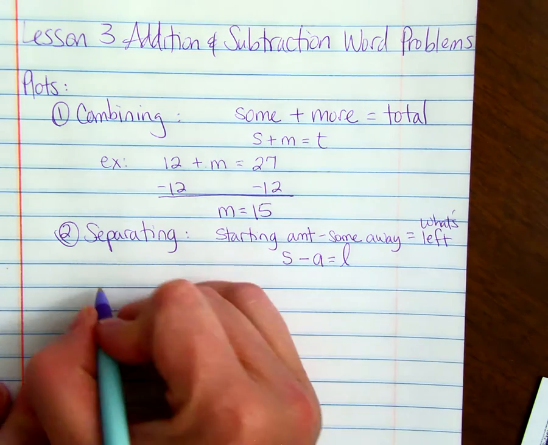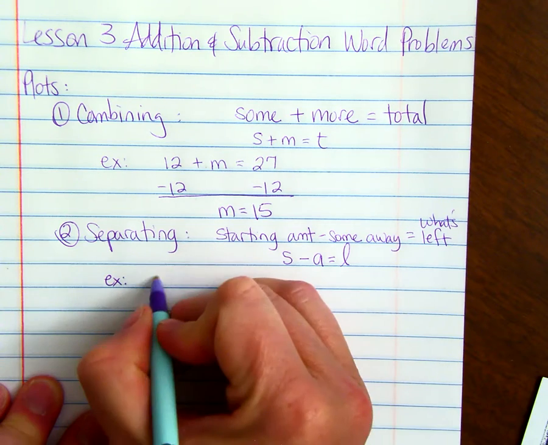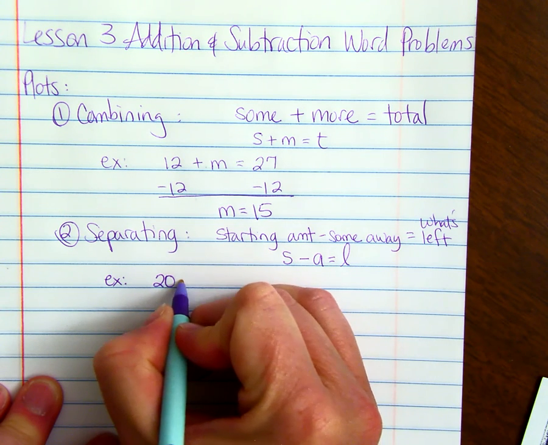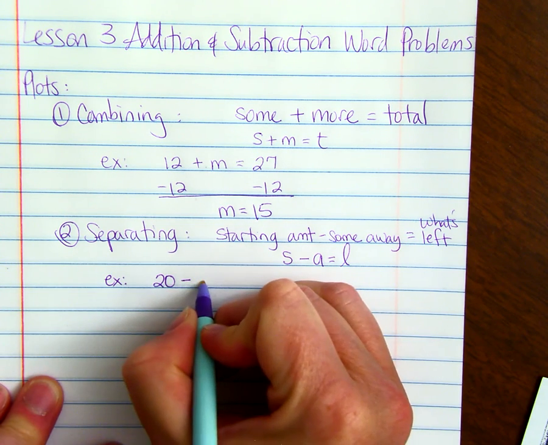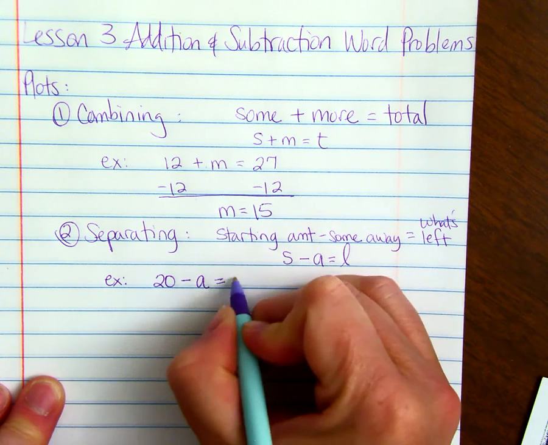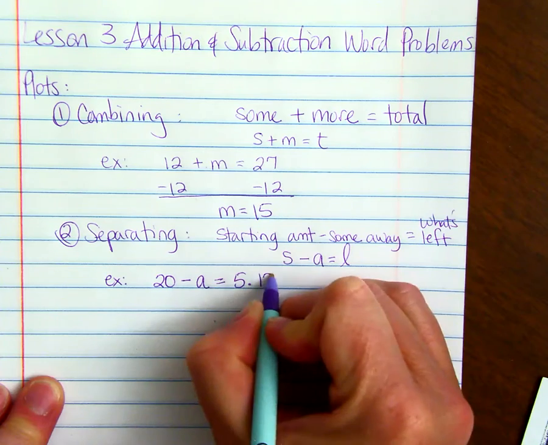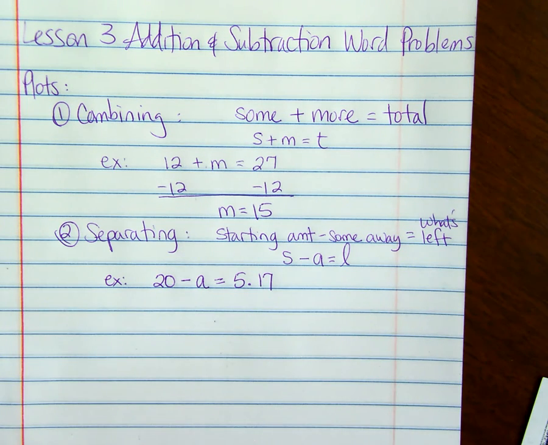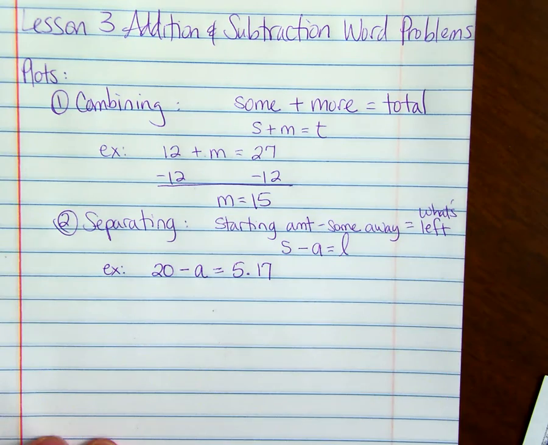For example, if I go to the store with $20 and I buy some cat food and my change is $5.17, how much is the cat food? The plot is that I'm coming to the store with an amount. Some goes away, so I pay for what I'm buying, and then I have an amount that's left.